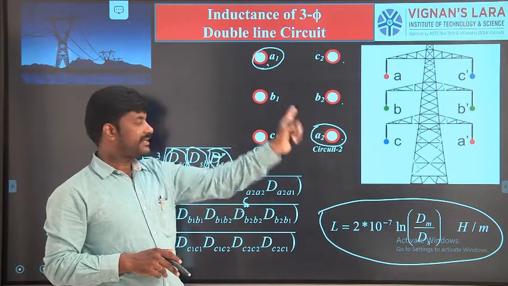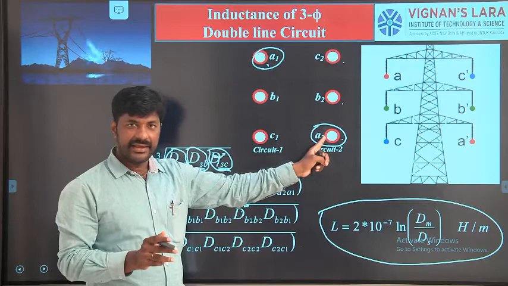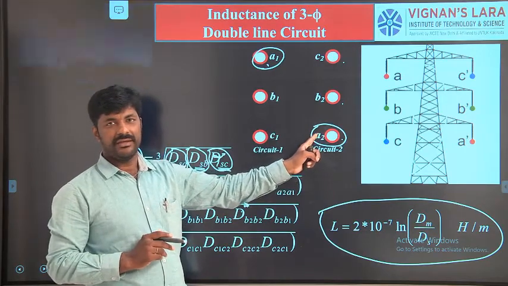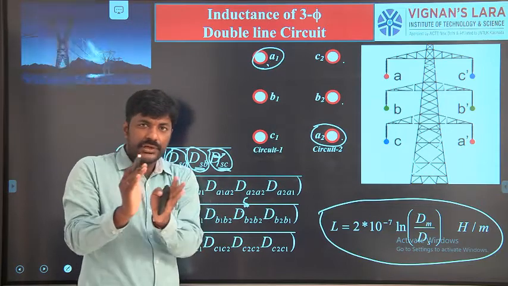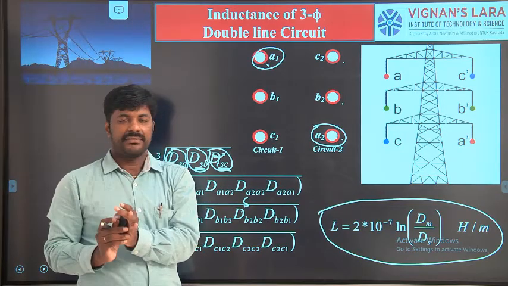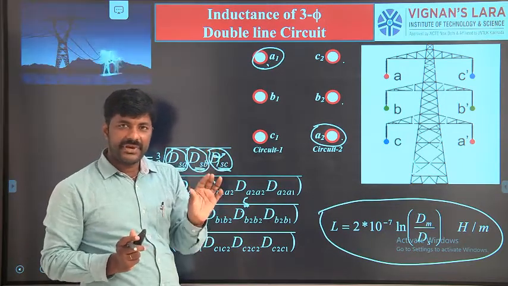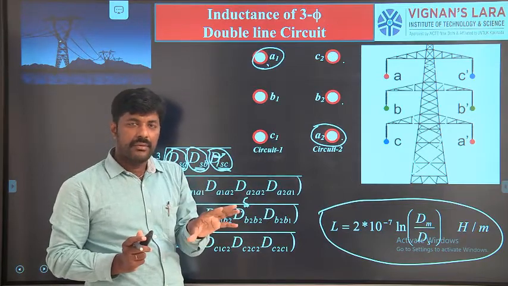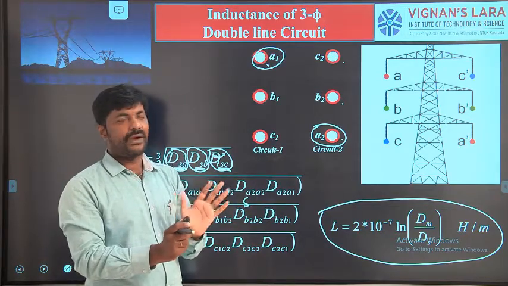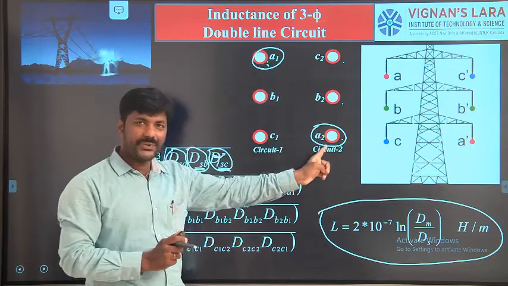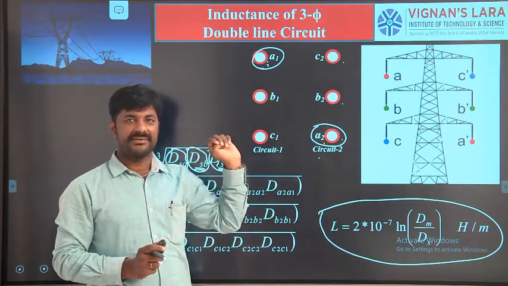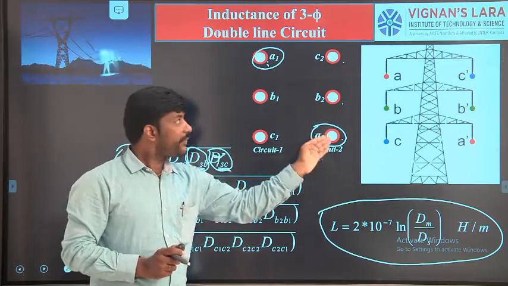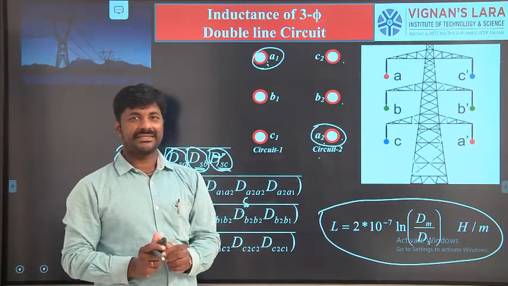Similarly here dA2A2. Up to that it is not over. We still have two more distances. That is the self-GMD of phase A for both circuits. Then I have to consider the A1 to A2 distance as also a self-distance because those two are similar phases. Similarly, A2 to A1 is also a distance.